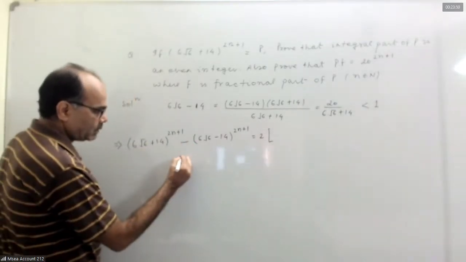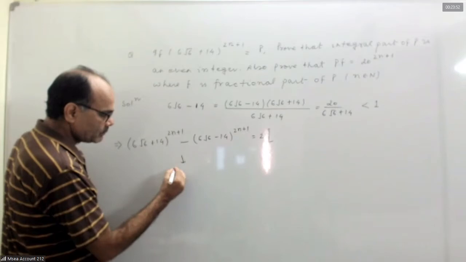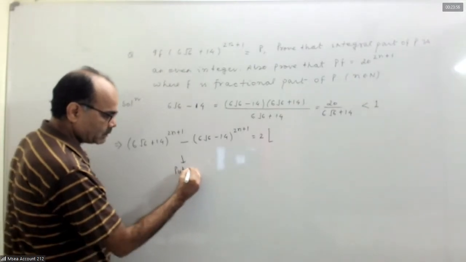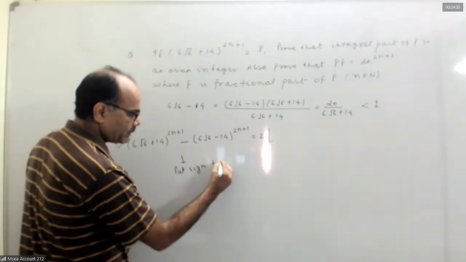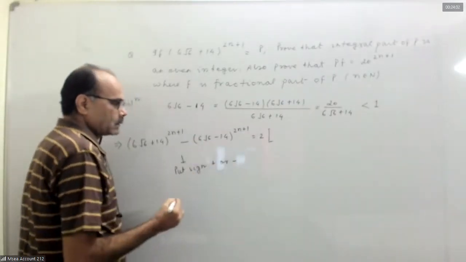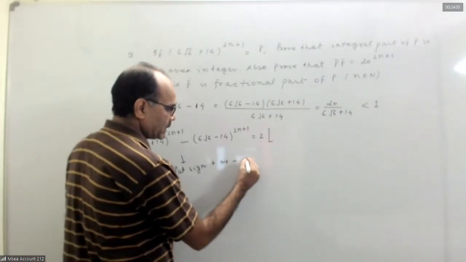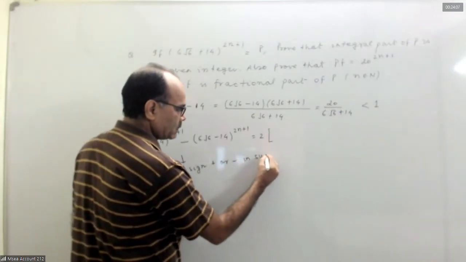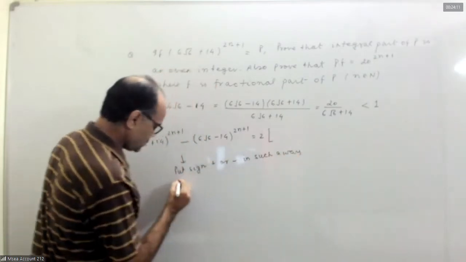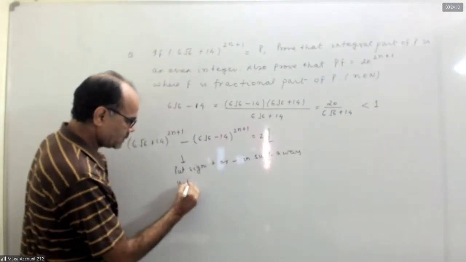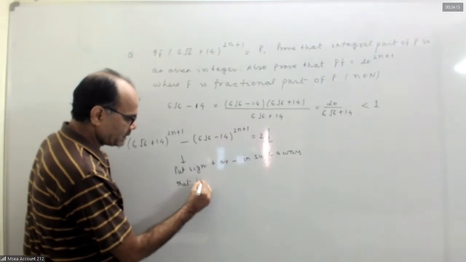I'm writing here in short: put sign plus or minus in such a way that irrational terms will get cancelled.